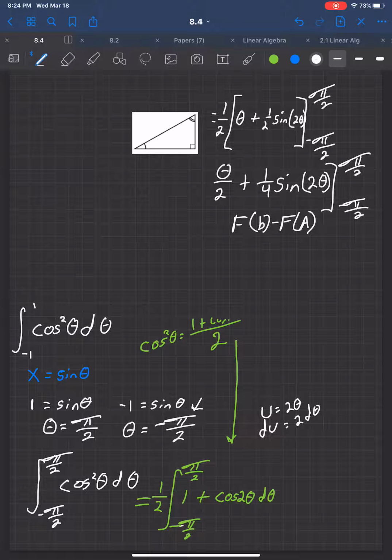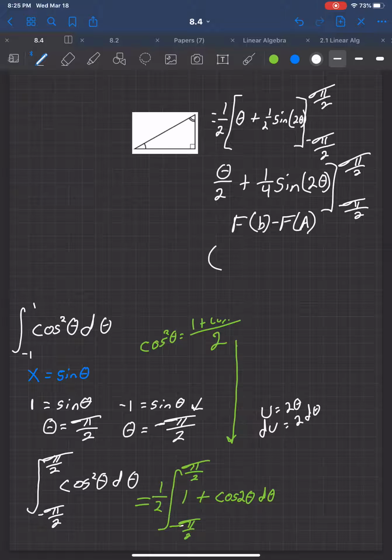All right, so when all is said and done, plugging in pi over 2 divided by 2 would be pi over 4. And then we plug in pi over 2 into theta for the second term, which ends up being pi, and sine of pi is 0.